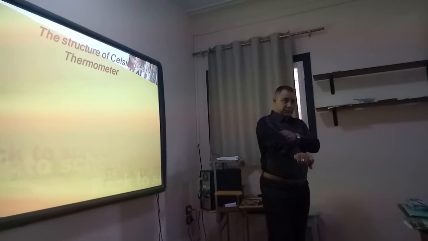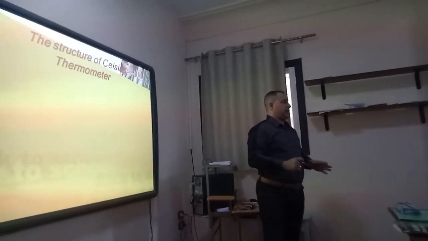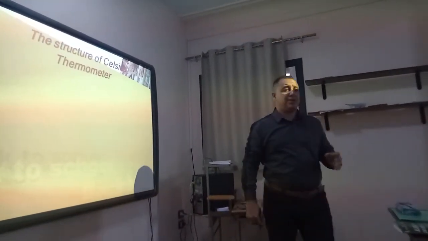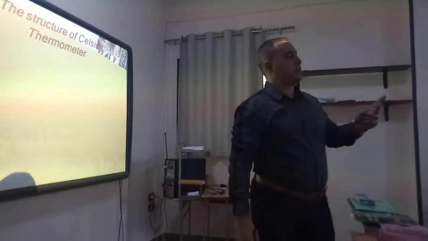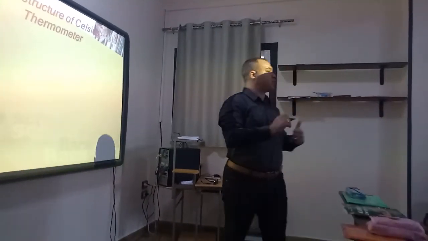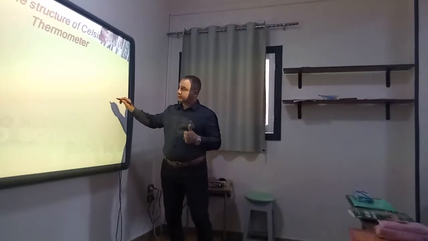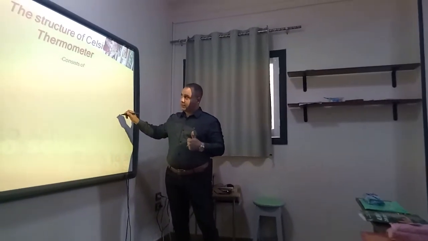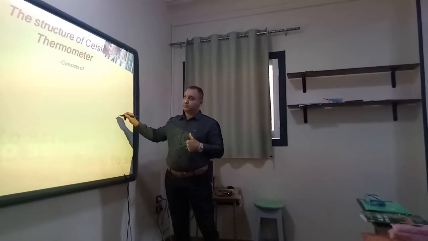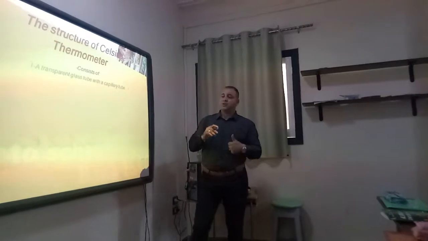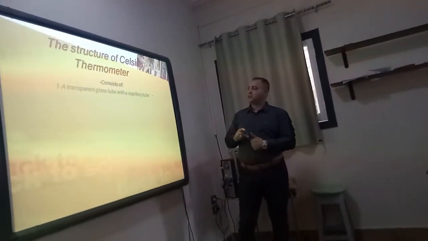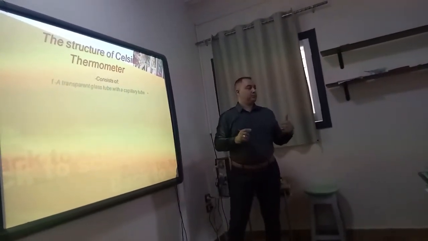The Celsius thermometer is similar to the clinical thermometer in its structure except for two parts. Number one, it consists of a transparent glass tube with a capillary tube.